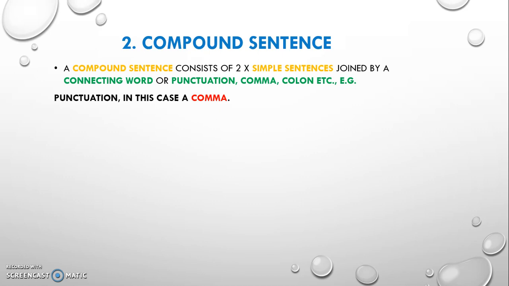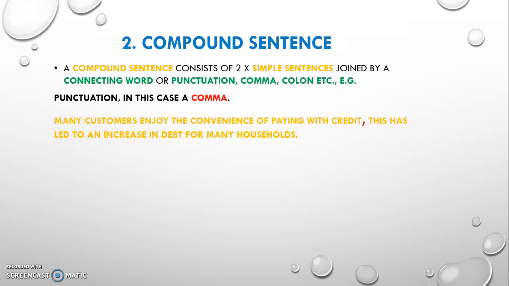That may be a result of it, but the main function of a comma is to separate two simple sentences, or rather join together two simple sentences to make the written word sound like the spoken word. So many customers enjoy the convenience of paying with credit. This has led to an increase in debt for many households. Let's use a connecting word now, in this case, but.